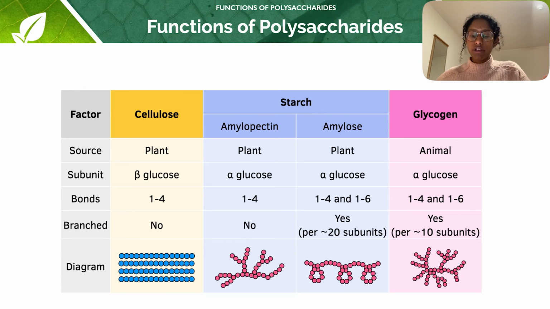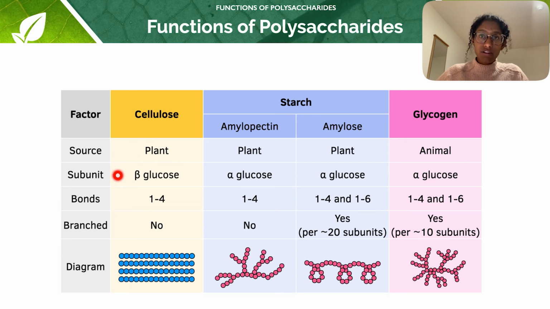Okay, so we've gone through cellulose, starch, and glycogen. So this is a really nice summary table to summarise everything that we've talked about. I'd really recommend you jot it down in your notes because it has lots of really key information. So let's just go through it bit by bit just to recap. So cellulose is found in plant cells.